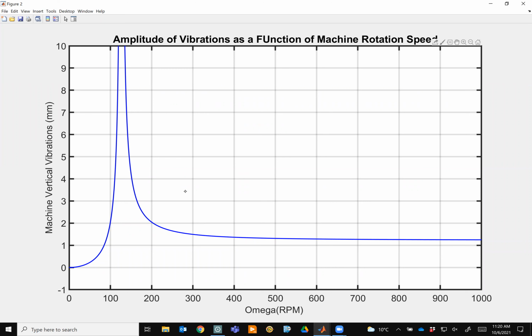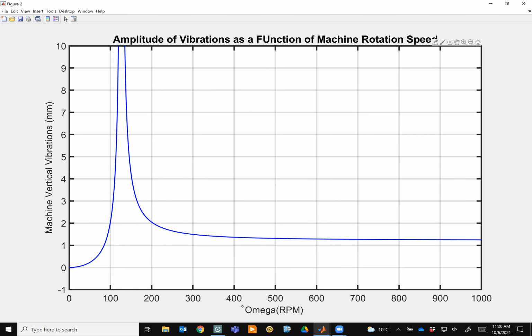Now, this is the frequency response, all right? This is the response based on omega. There is no time here. That's the general response of this system. Now, let's say I'm interested only in omega equal to 100. And by the way, on the x-axis, I just showed omega, not omega divided by omega n.